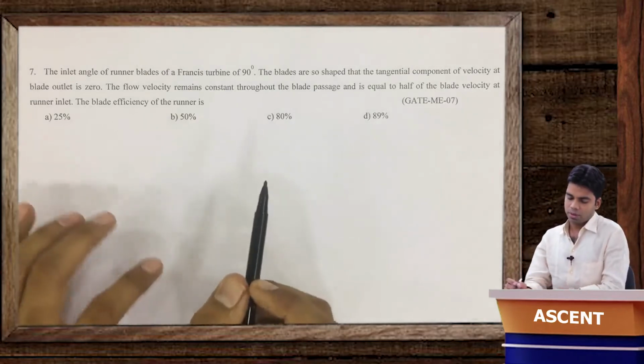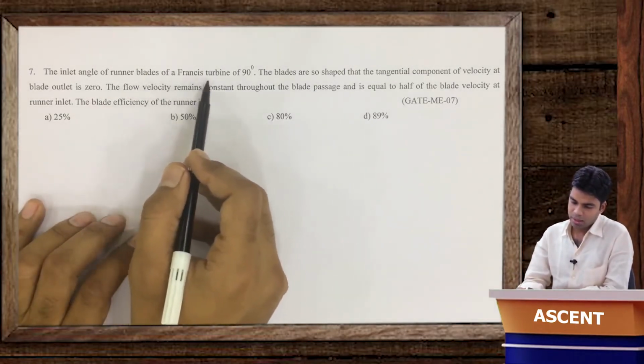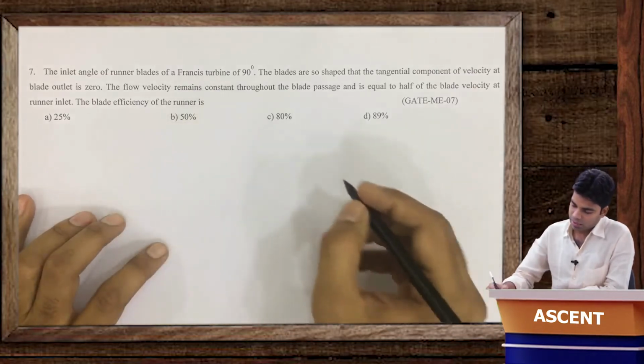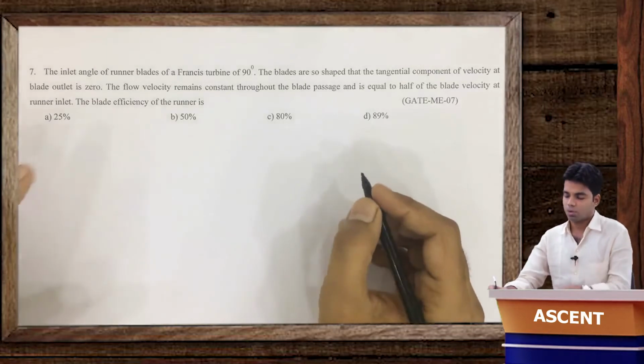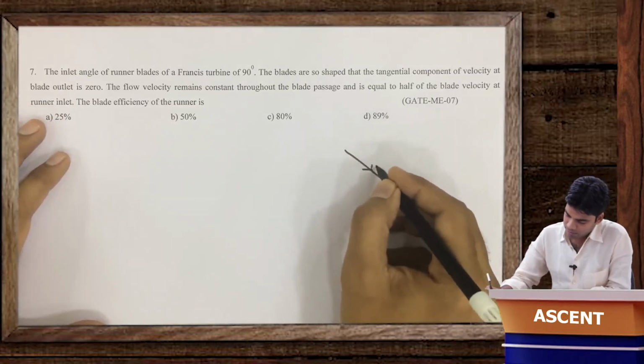So we have given the inlet angle of the runner blade of Francis turbine is 90 degree. That means the angle of VR1 with horizontal is 90 degree. So inlet velocity triangle will be like this. This is V1.